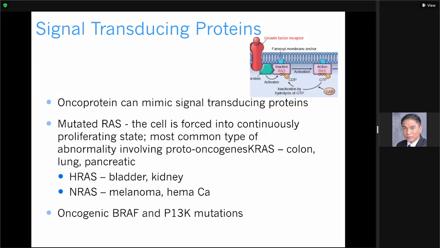So yung RAS gene, of which there are three, HRAS, KRAS, NRAS. So these RAS encode for RAS proteins. They are members of a family of membrane-associated G proteins that bind guanosine nucleotides, guanosine triphosphate and guanosine diphosphate, similar to the larger trimolecular G proteins.